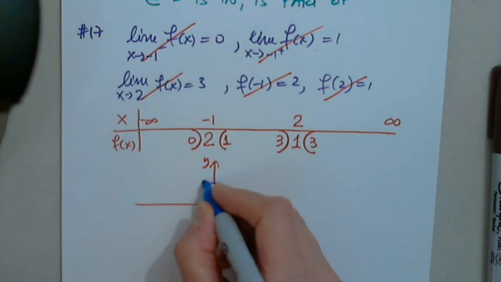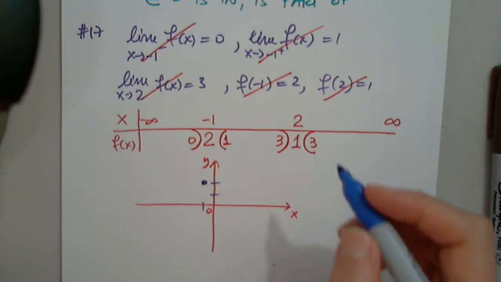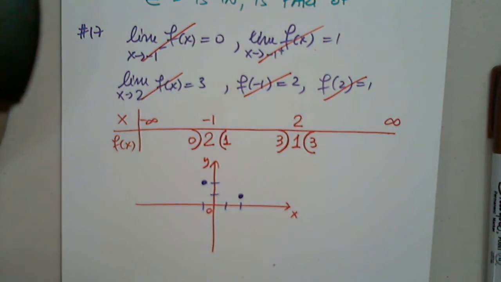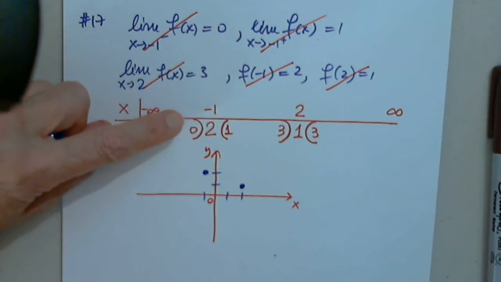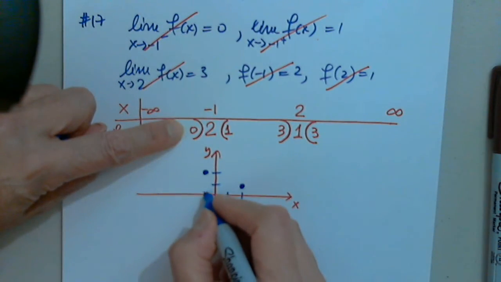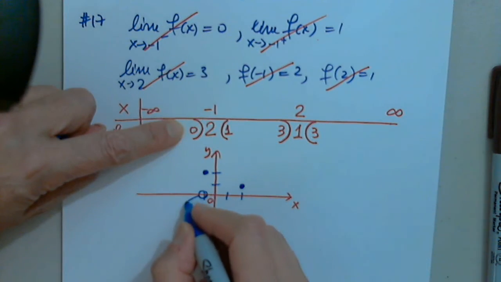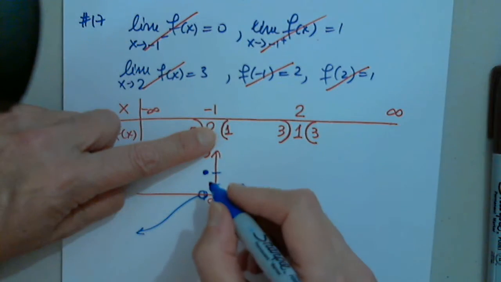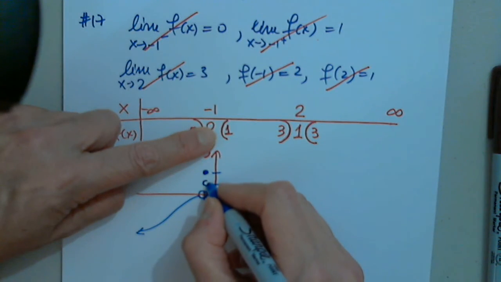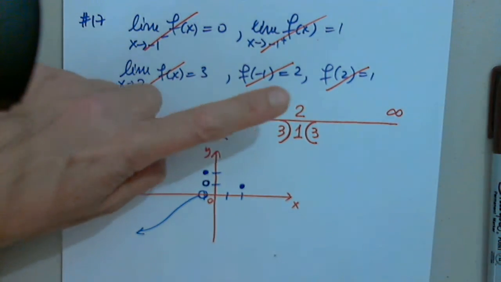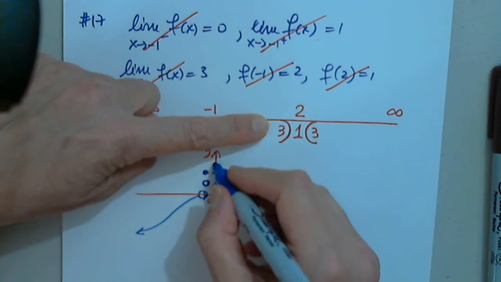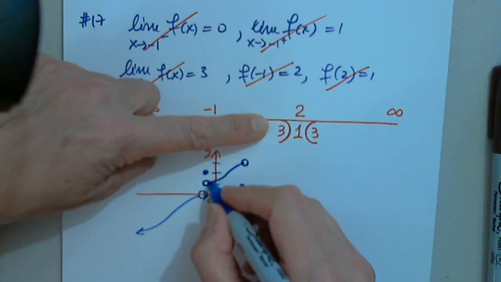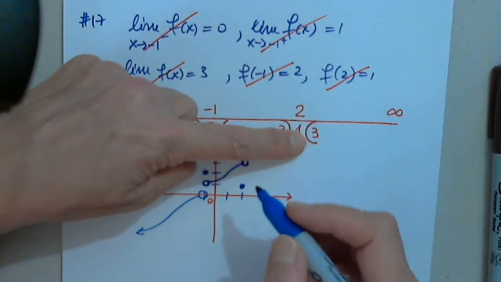This point, 2, 1. -1 from the left, -1 from the right, 2 from the left, 3 from the right.